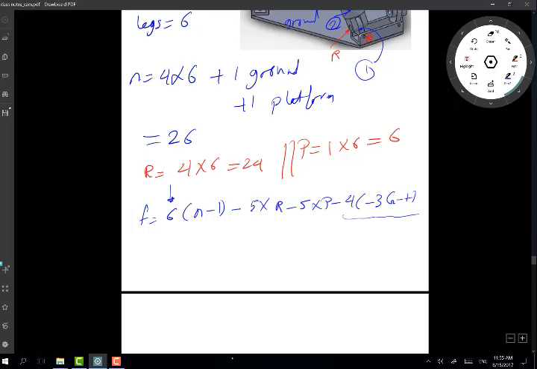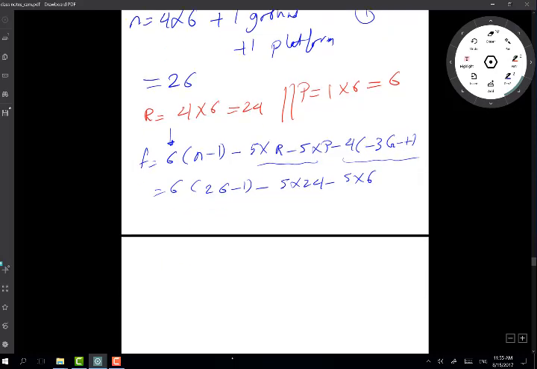So I go 6 times (26 links minus 1), minus 5 times 24, minus 5 times 6 prismatic joints.